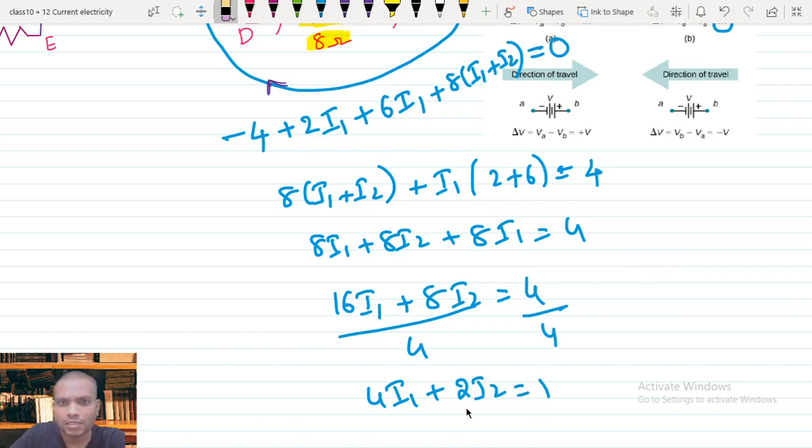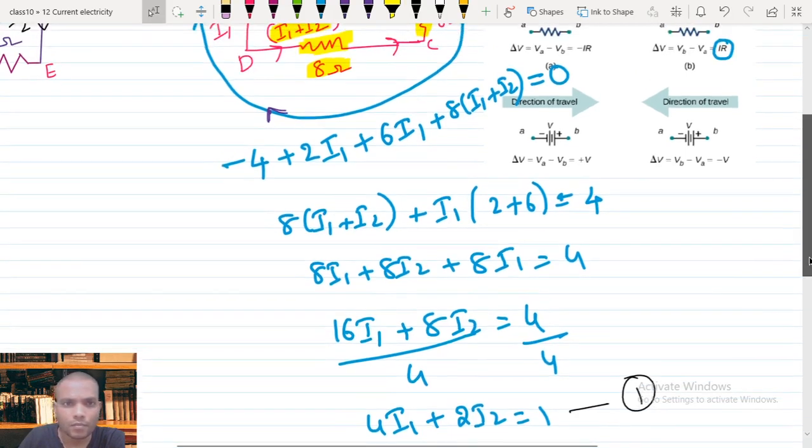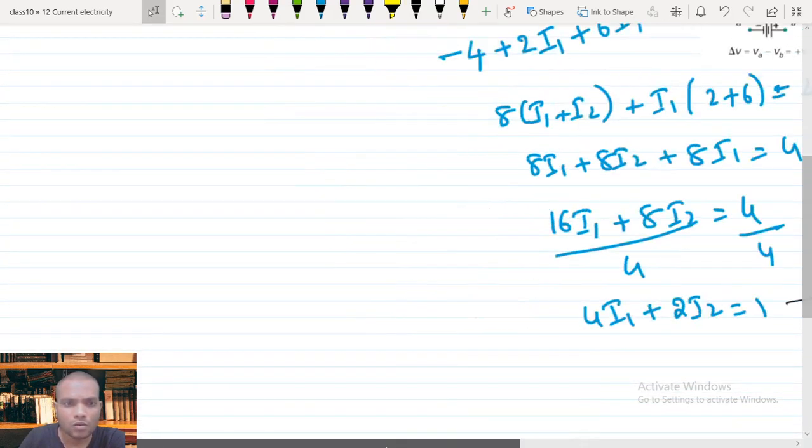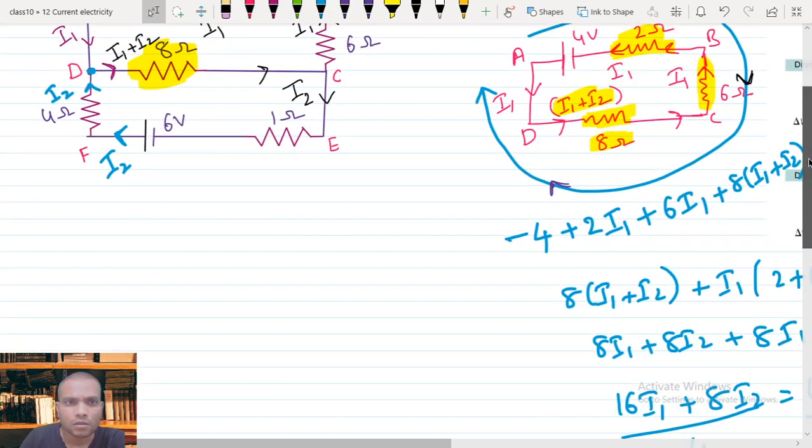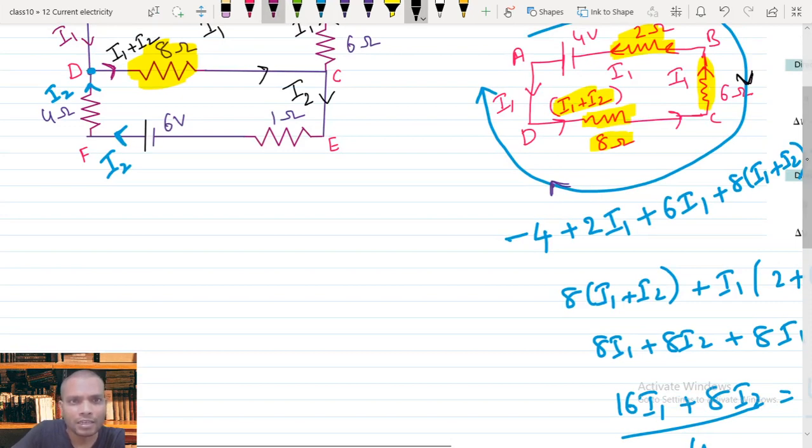So let me take this as equation 1, which is easy to solve. Now let me consider another loop, the loop D, C, E, F, D.